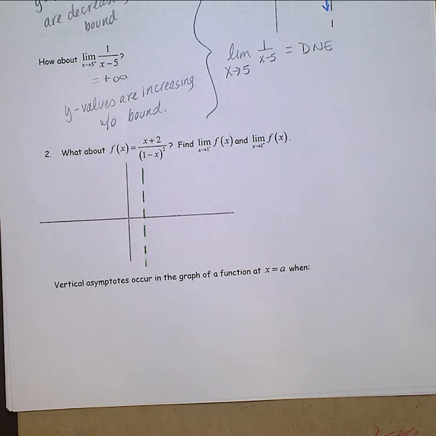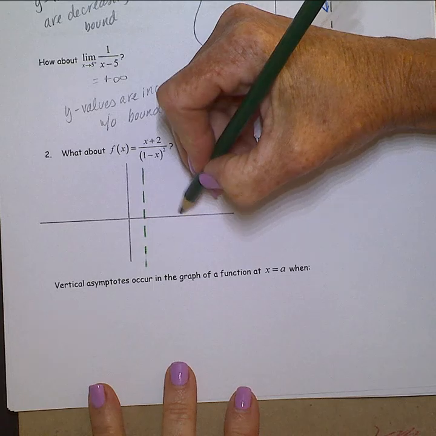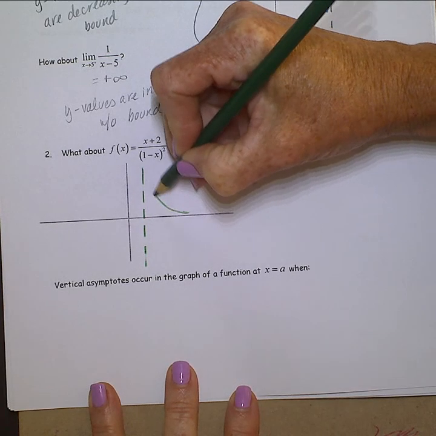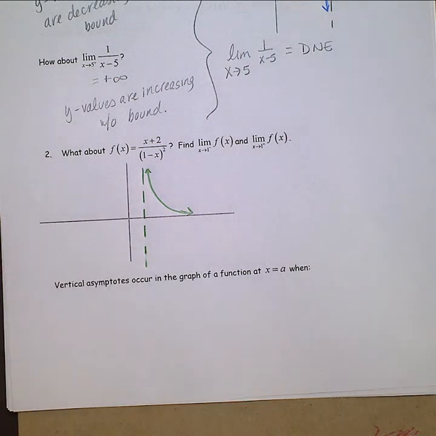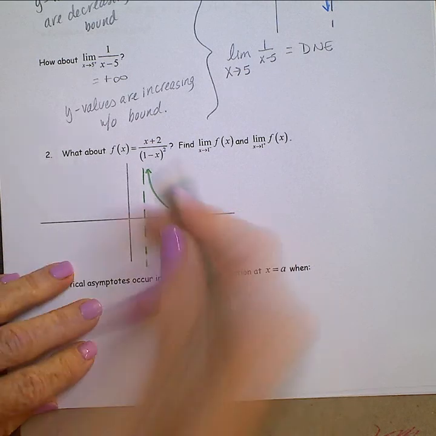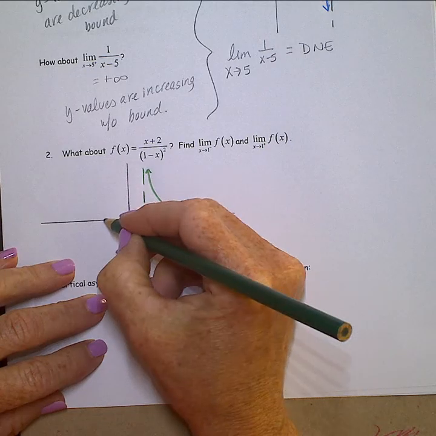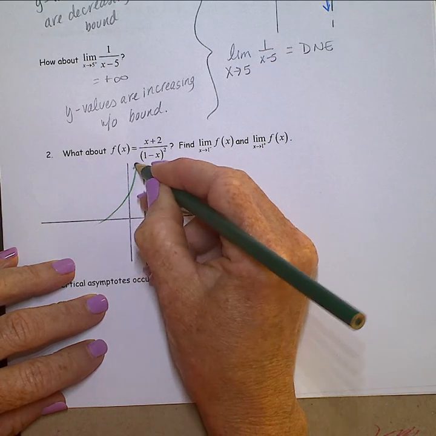All right, you can't tell from the graph on your screen because your window is too big, but we're going to greatly enlarge this. I think we all can agree with that piece here. This piece on the other side comes up this way.